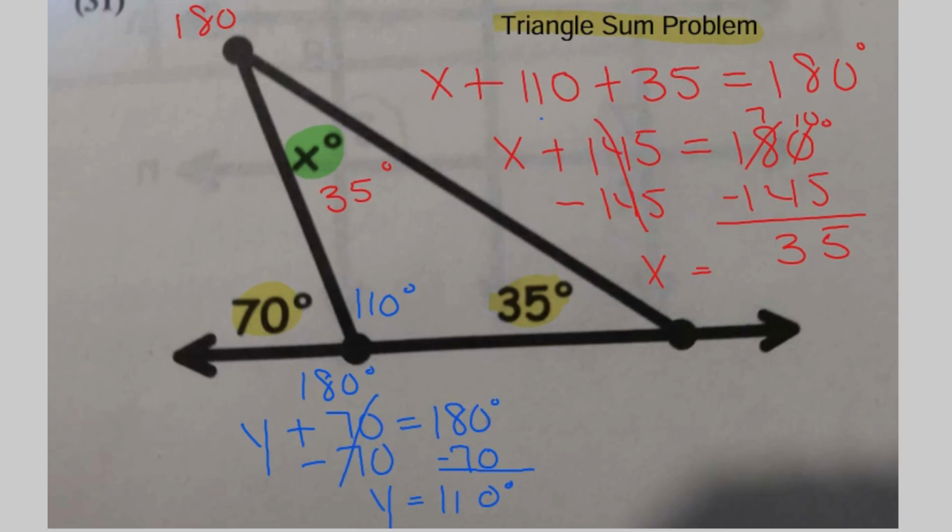In this case, we'll just add all the angles inside of the triangle and see if it does come out to 180 degrees. 5 plus 5 is 10. We write down the 0, carry the 1. 1 plus 1 is 2, 2 plus 3 is 5, 5 plus 3 is 8, and 1 plus nothing is 1. And we see that it does come out to 180 degrees, which means that our answers are correct.